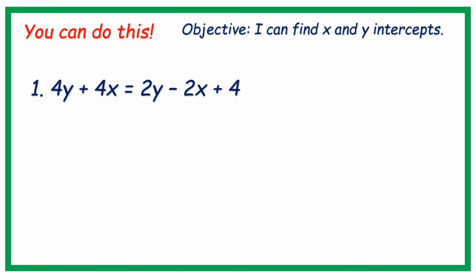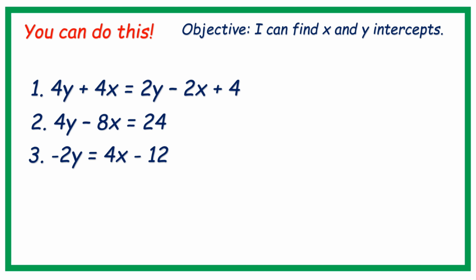4y plus 4x equals 2y minus 2x plus 4. Number 2. 4y minus 8x equals 24. Number 3.